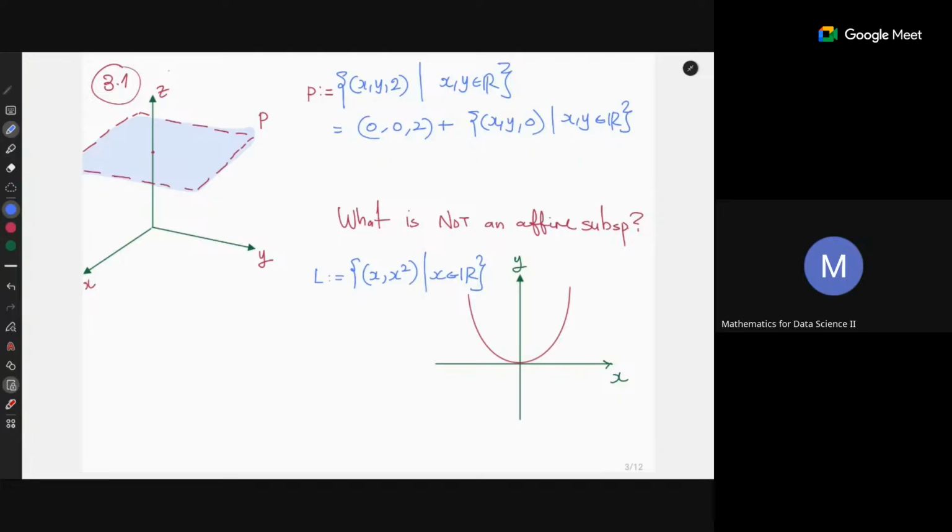So this is not an affine subspace, because L cannot be obtained as a vector V plus a subspace U, for any V in R2 and U a subspace.